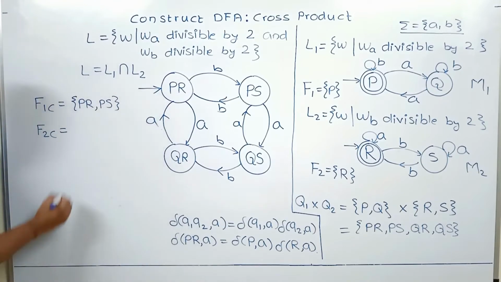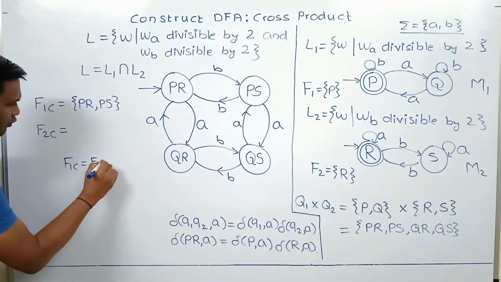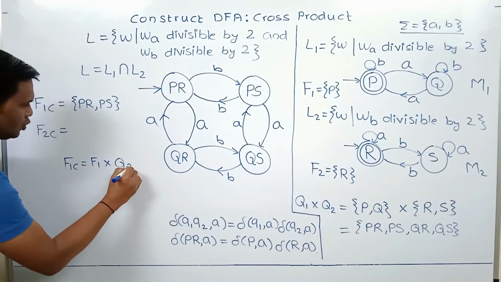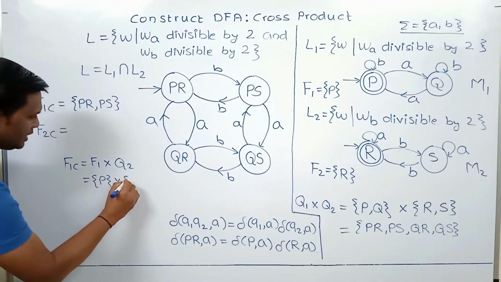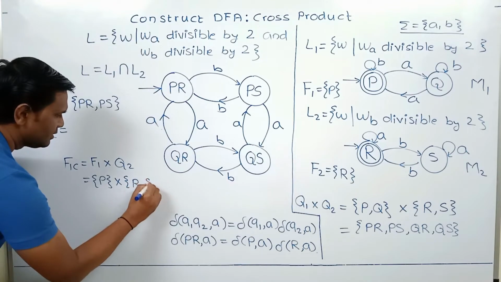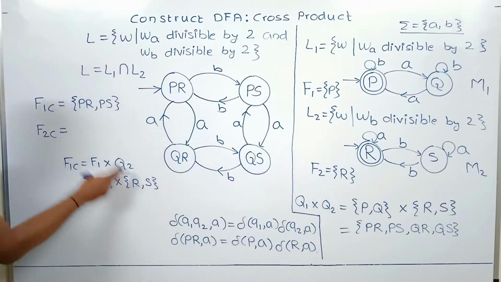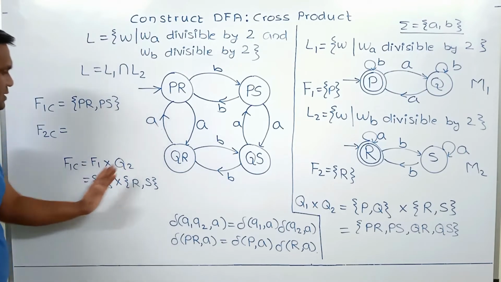Mathematically speaking, F1C is F1 cross Q2. F1 is P, Q2 is the set of states in M2, it is R and S. So we get PR and PS. But this is just for information, you don't have to waste time on these calculations.